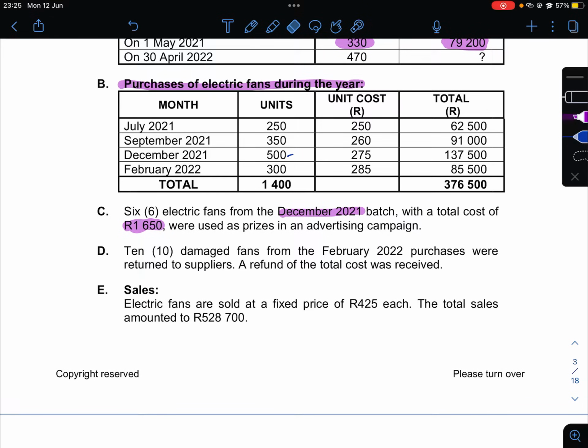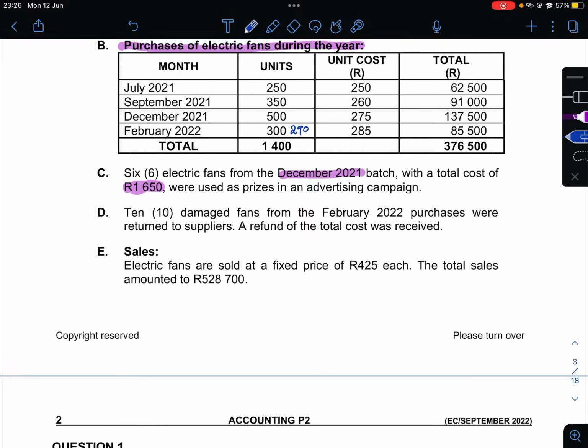And number D says 10 damaged fans from the February 2022 purchases were returned to the suppliers. A refund of the total cost was received. So here we returned 10, and now we are left with 290.